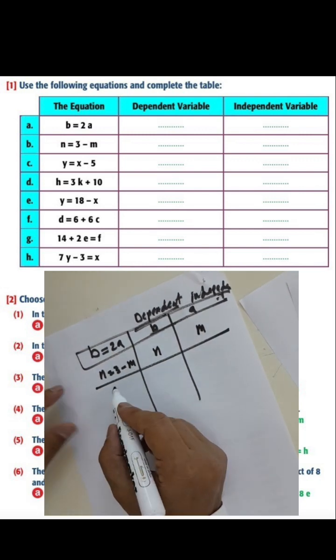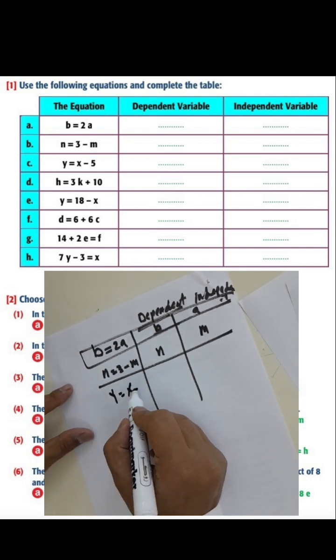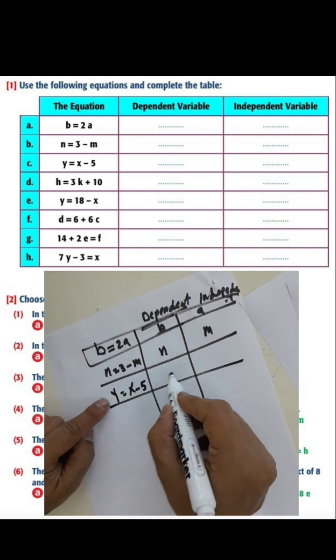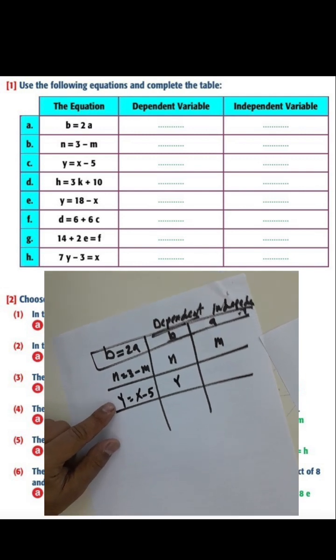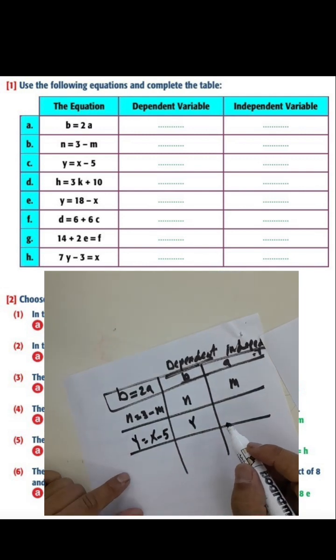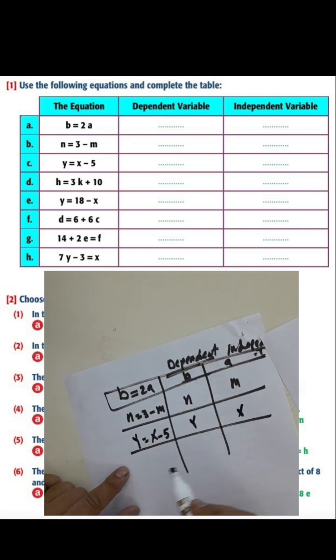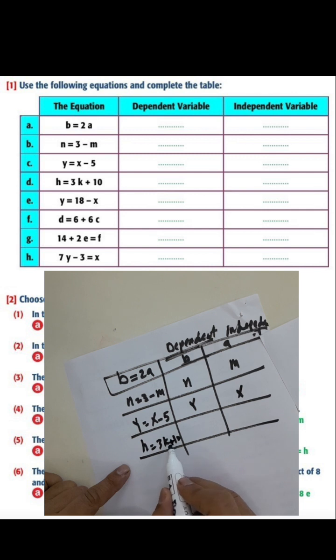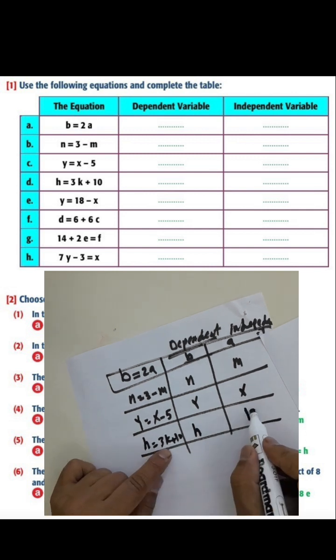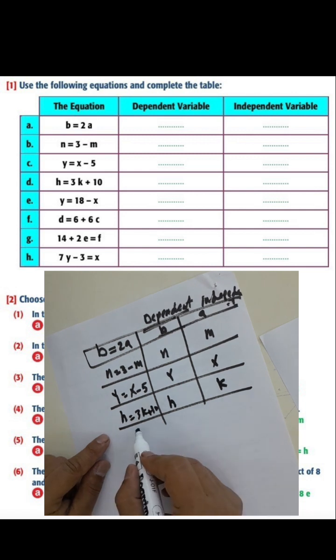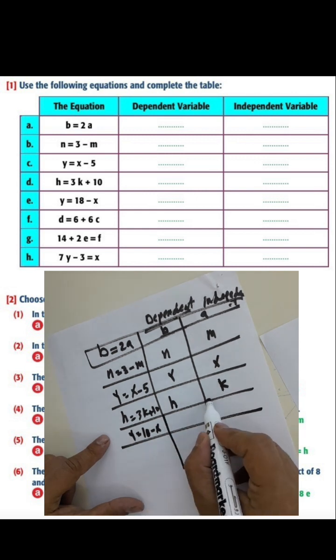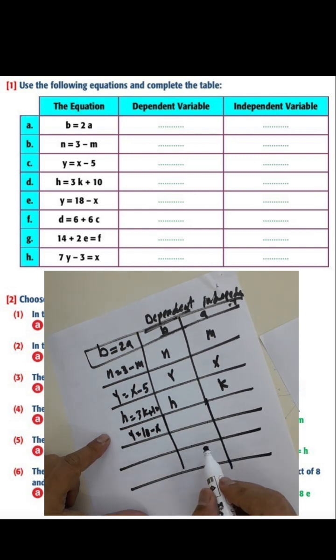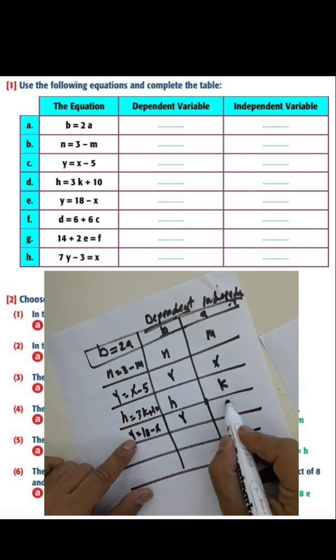Next relation, y equals x minus 5, dependent y and independent x. Next equation, h equals 3k plus 10, dependent h, independent k. y equals 18 minus x, dependent y and independent x.